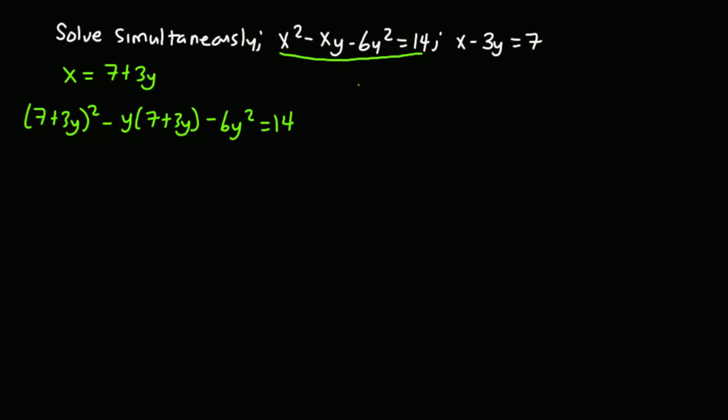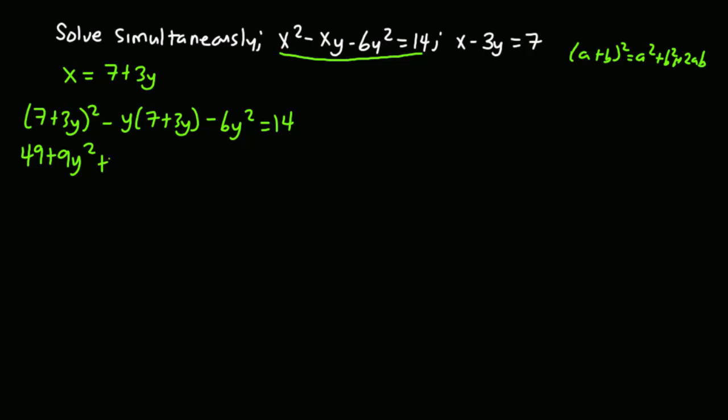Now to expand this, I'm going to apply the principle that says that if you have a plus b all squared, this is a squared plus b squared plus 2ab. So in this case, our a is 7 and b is 3y. Expanding that, 7 squared will give 49, plus 3y all squared will give 9y squared.